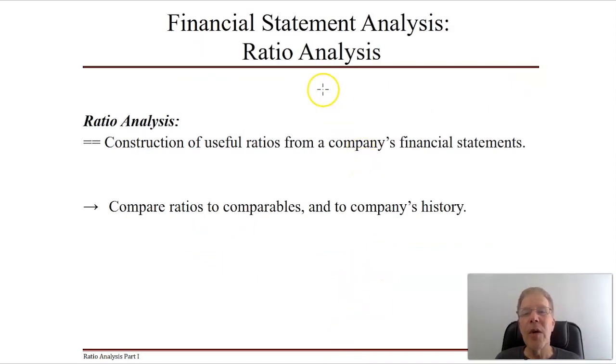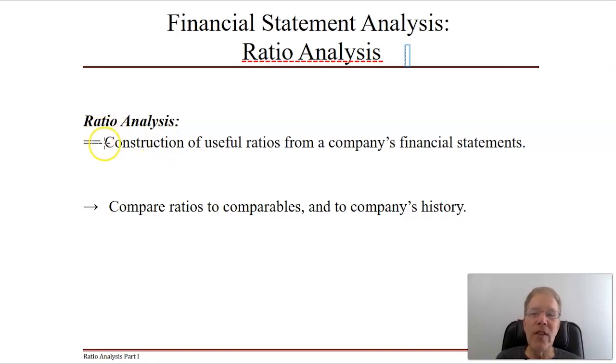All right, so to understand the performance and financial health of entities, we're going to be looking at financial statements. And what are we going to do to help us understand what's going on with the financial statements? We're going to use ratio analysis, which you may have seen a little bit before in managerial accounting. We have a kind of different tack on it in this class.